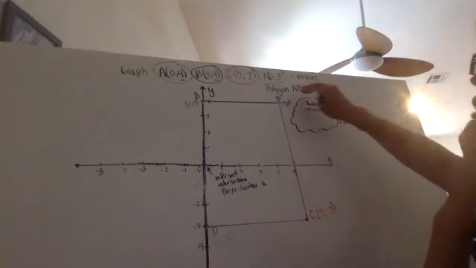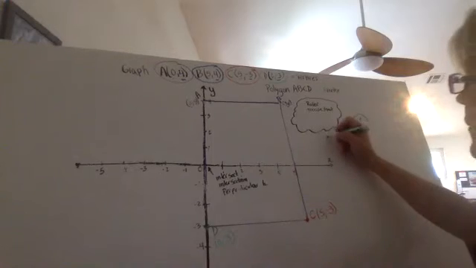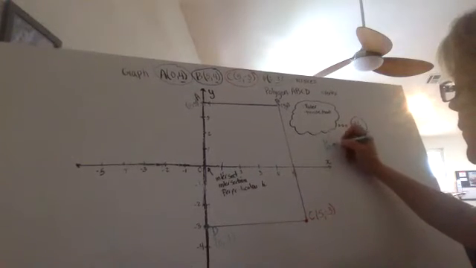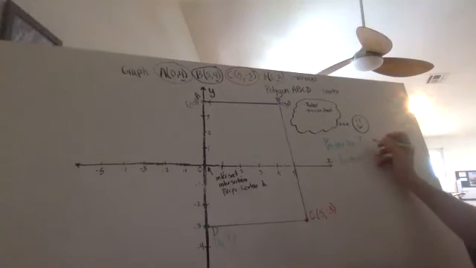Now the question asks you to find the perimeter. And in order to find perimeter, I have to find distance. In order to find distance, I have to find absolute value. The perimeter is the length of all the sides.